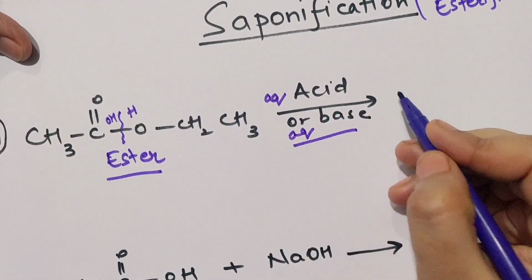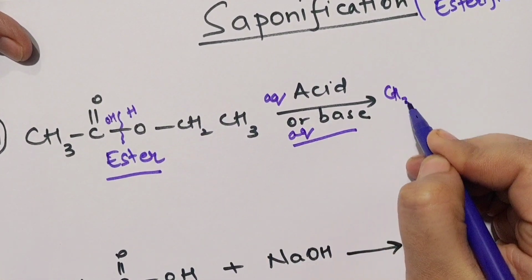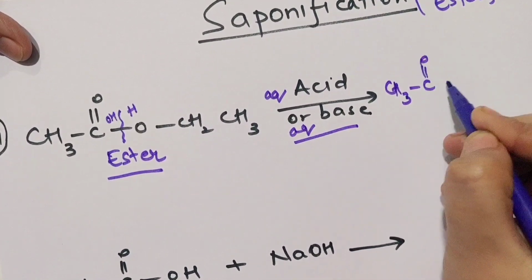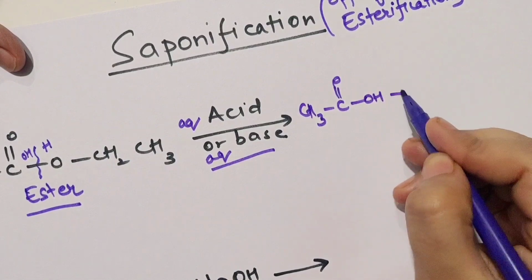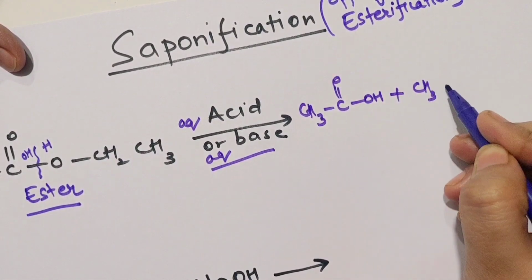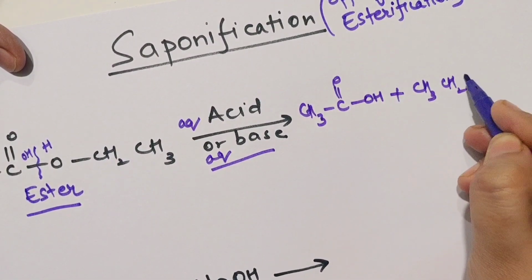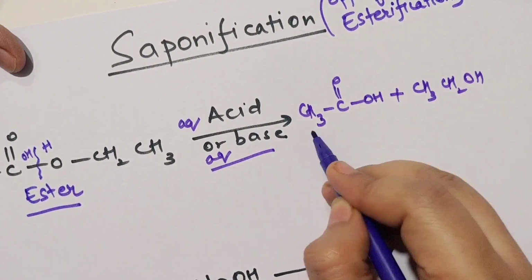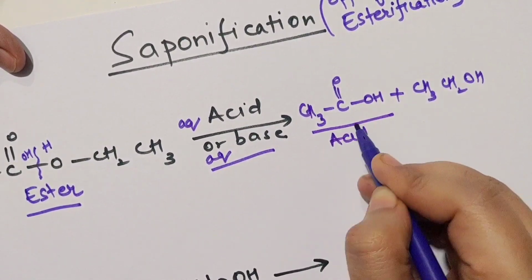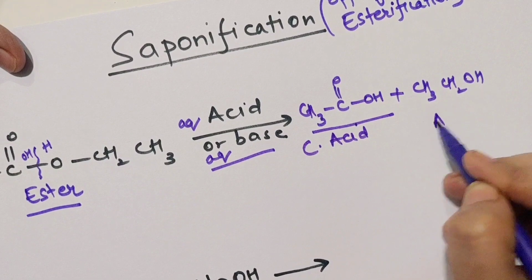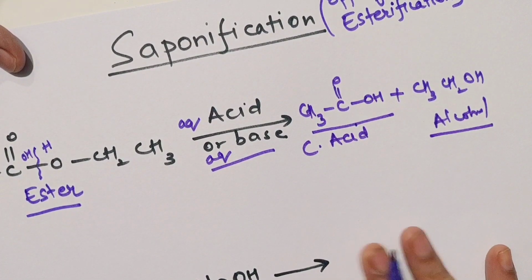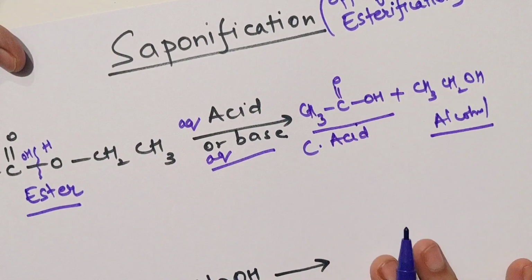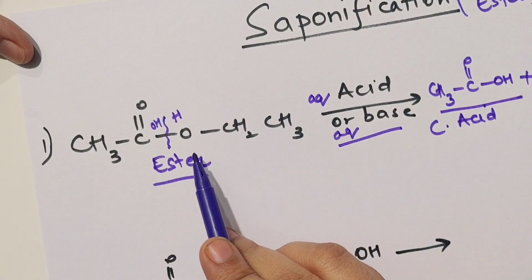So what you get is CH3, C double bond O, OH plus CH3, CH2, OH. So that is your carboxylic acid plus alcohol. So basically you got the same products which made the ester.